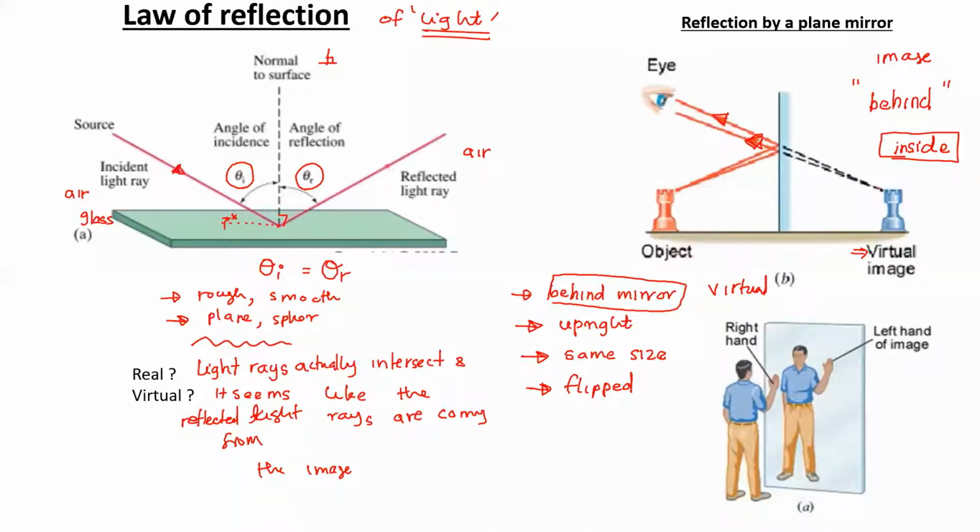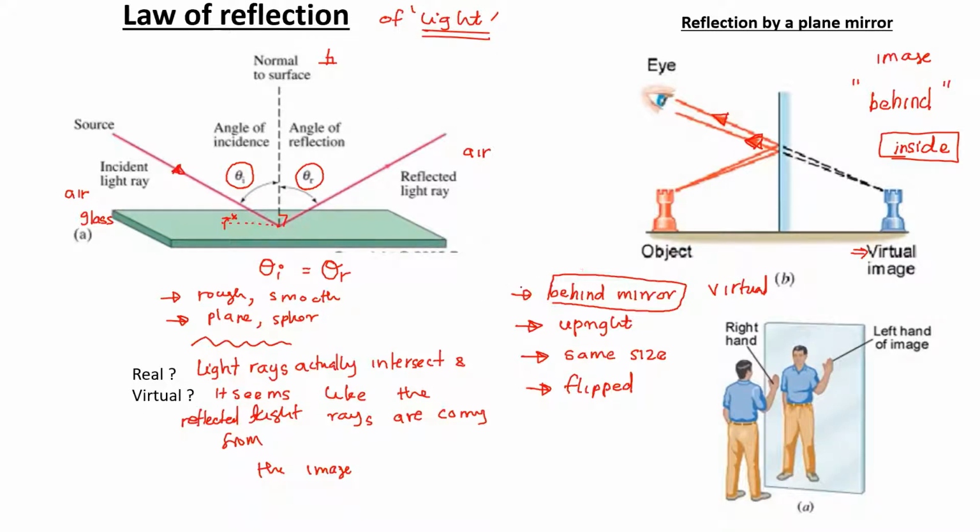They will intersect here for real. You don't have to draw dotted lines to show this. Okay, so it is a real image if light rays actually converge or intersect at the location of your image. It is virtual if it looks like that, but light rays really do not do that.